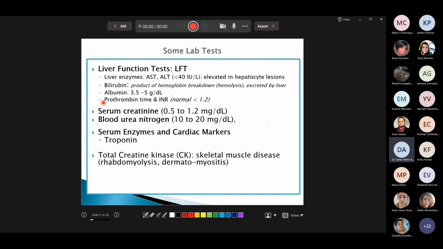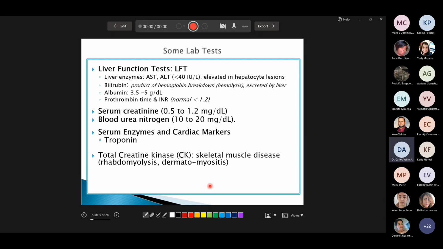And the prothrombin time, the test that we just studied that evaluates the extrinsic pathway of the coagulation, and the coagulation factors depending on vitamin K. Remember that those coagulation factors are produced in the liver.